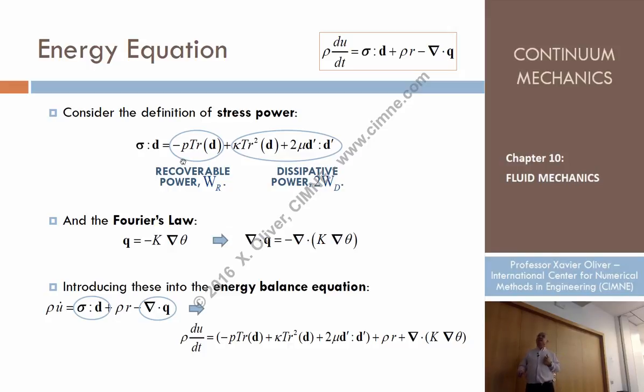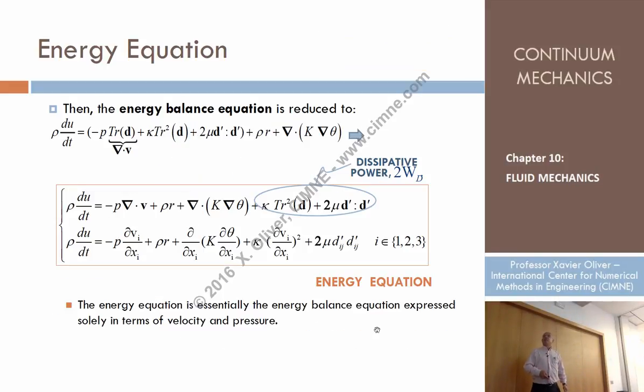Okay, so by replacing these two equations in that, we can rephrase the energy balance equation in terms of that. Rho du dt is equal to this term, which incorporates minus p trace of D, plus this term, k trace squared of D, plus 2 mu D prime : D prime. Remember, what is D prime? Prime means the deviatoric part of the rate of strain tensor.